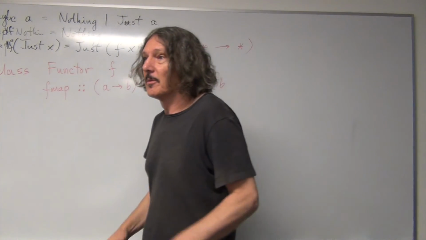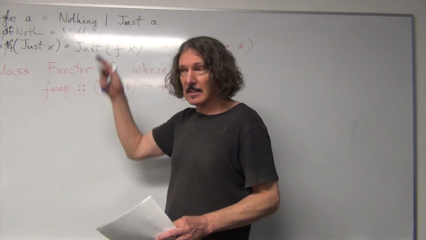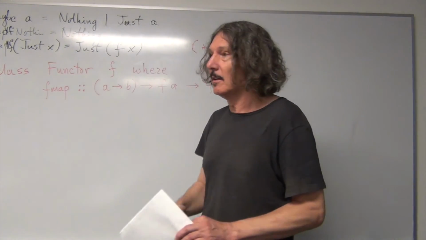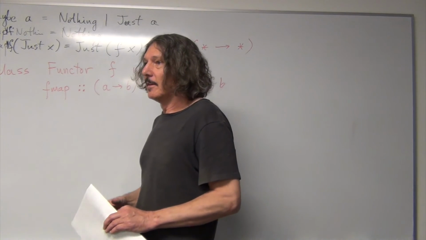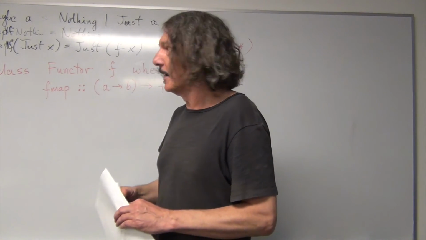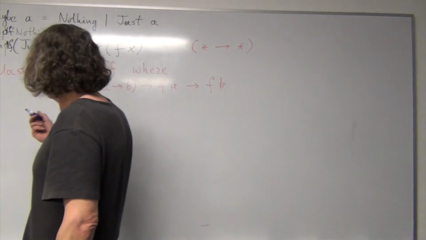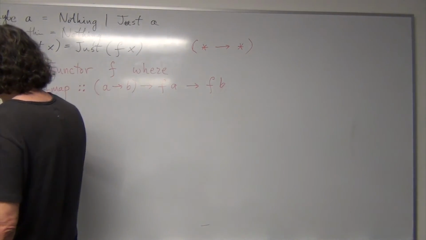We don't know. So we have to tell the compiler. And for all these classes that I showed you, except for tree, it's already defined in Prelude that they are functors. But for a tree, you would have to say it yourself.